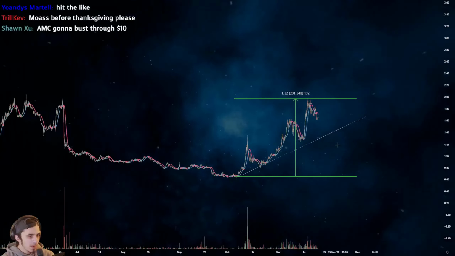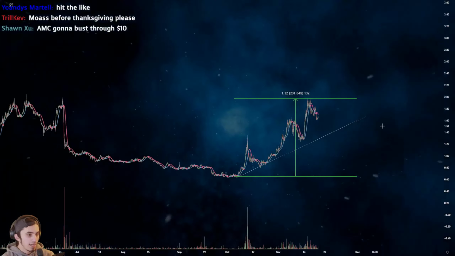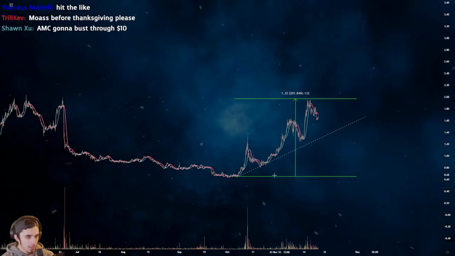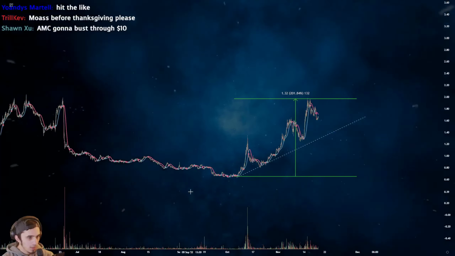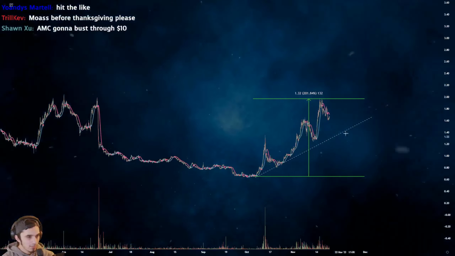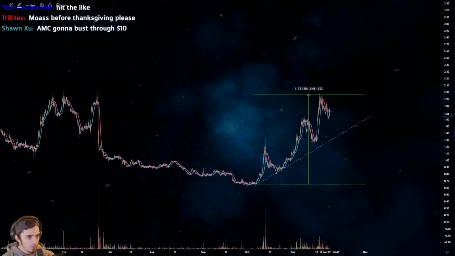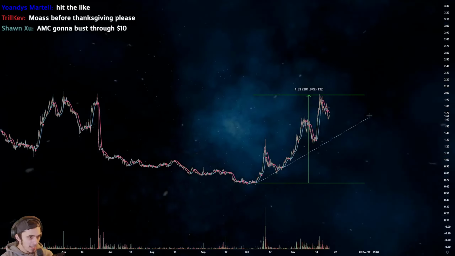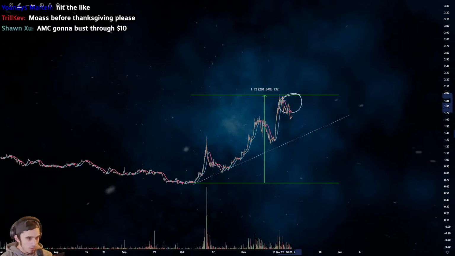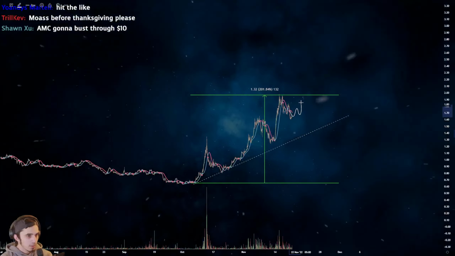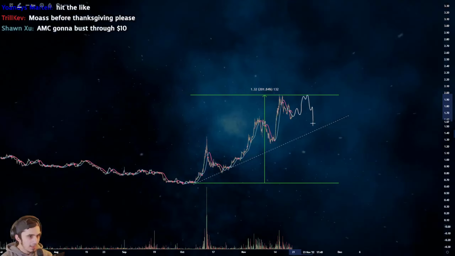As soon as we come back down and then touch a level of support, which there's a couple here you can really look at. This is one. Based on this, you would create another one. But what I see happening is a possible double top, maybe something like this, and then it starts coming back down.